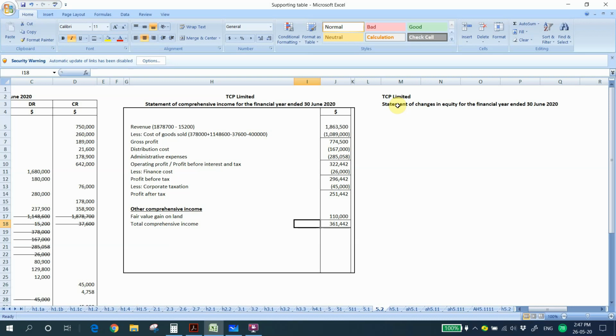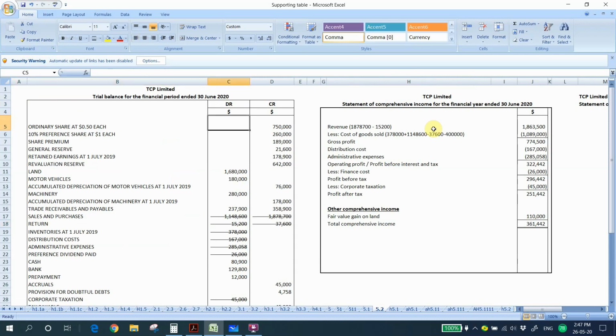Next, we are required to prepare the statement of changes in equity. First we have to include all the equity in the statement of changes in equity. The first equity we have is ordinary share.